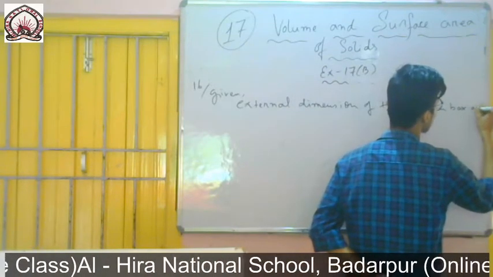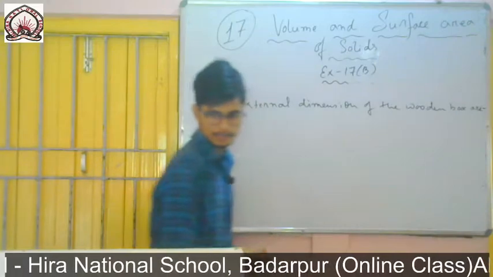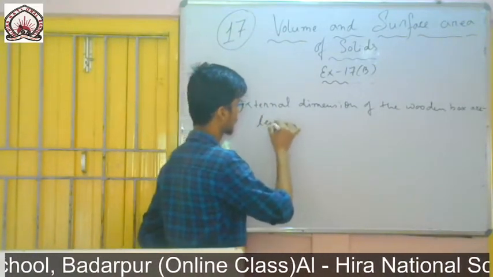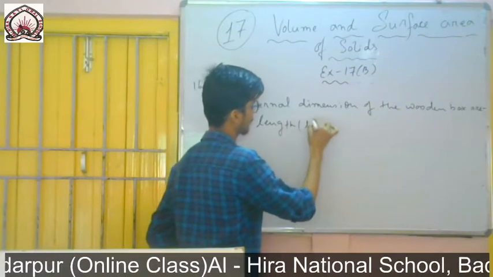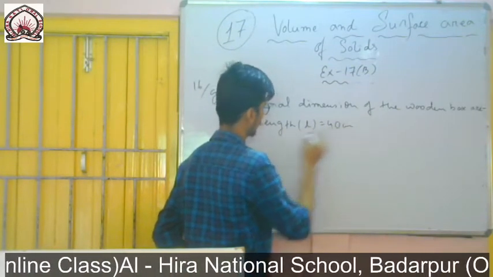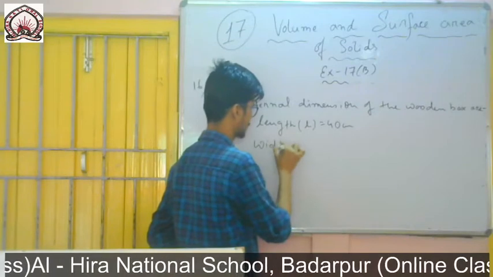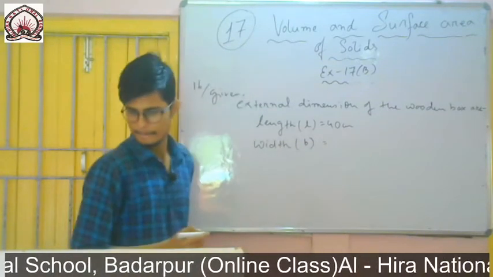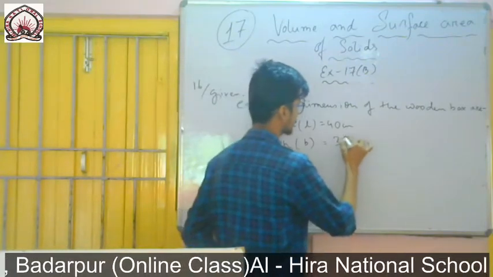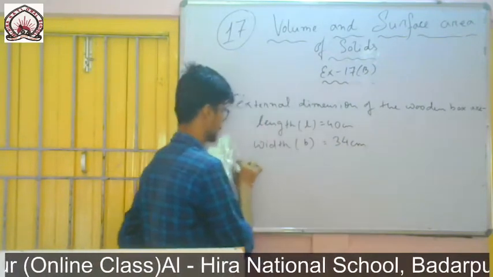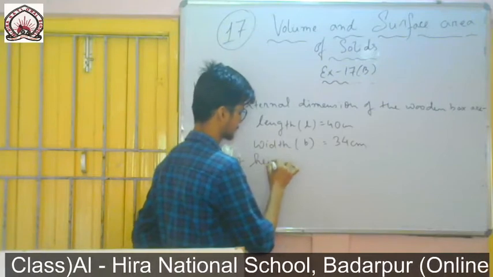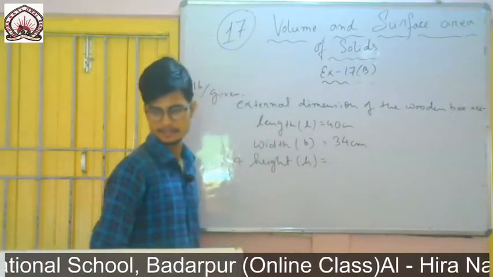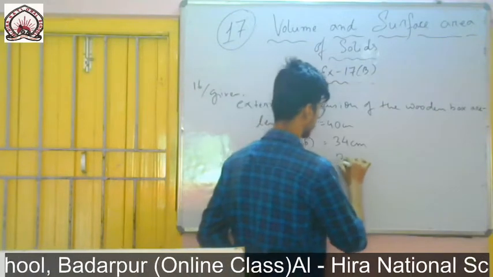External dimension of the wooden box: length is given 40 centimeter, width is given 34 centimeter and height is given as 30 centimeter.